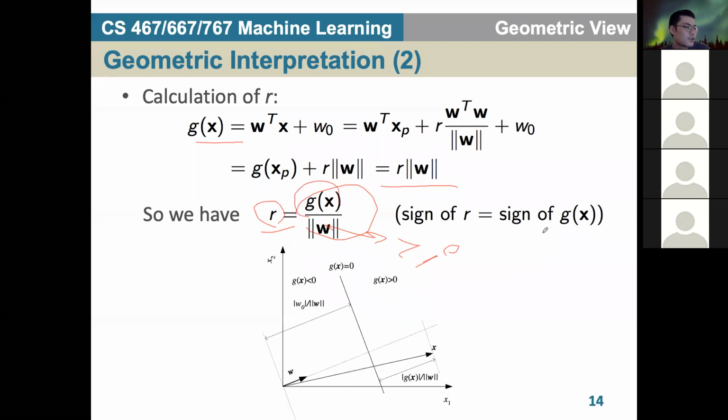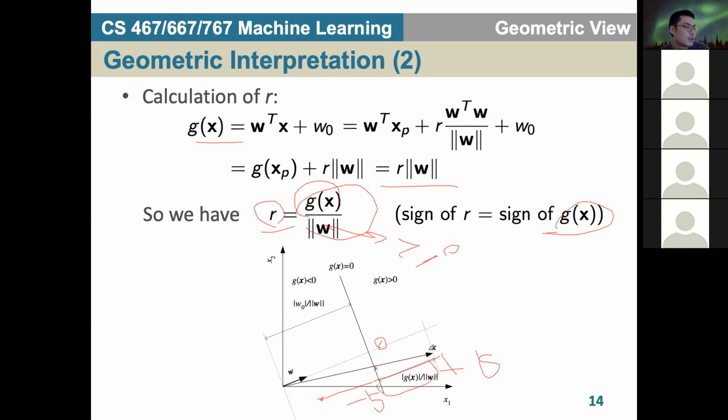If your g is positive, which means it belongs to C1, then it's on this side, so this r is positive. Maybe positive 5. Symmetrically, if your x is here, this will be negative 1. While if your x is in the middle, it will be 0. The magnitude is how far away the perpendicular distance from x to the hyperplane is. But the sign says which class you belong to.